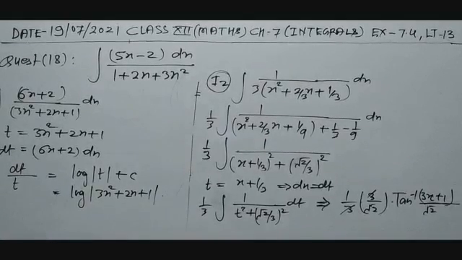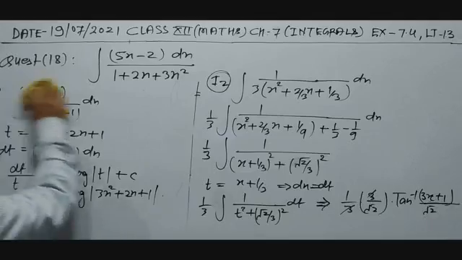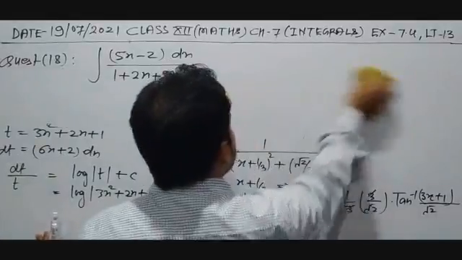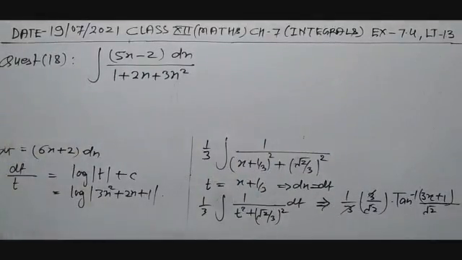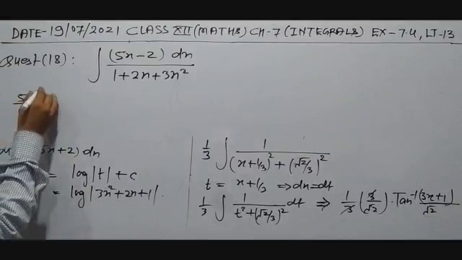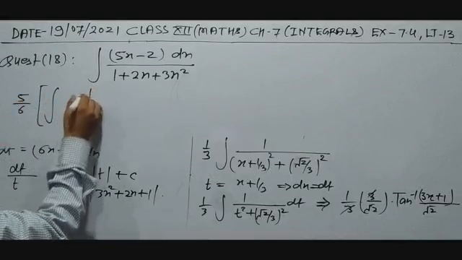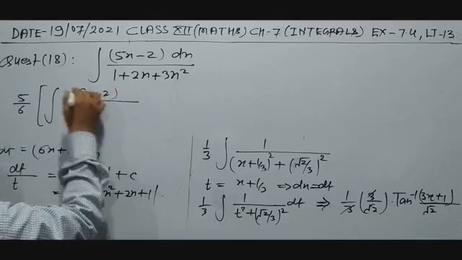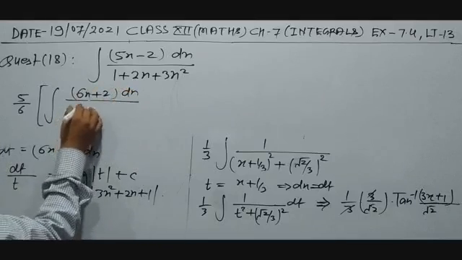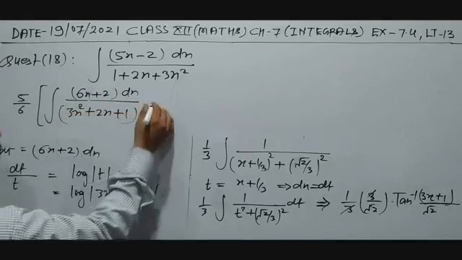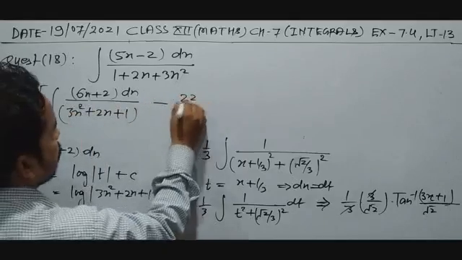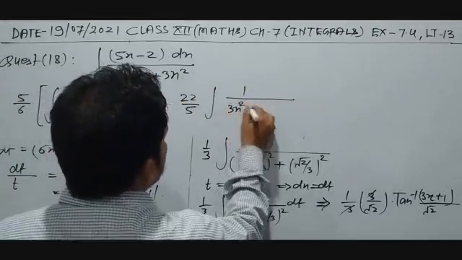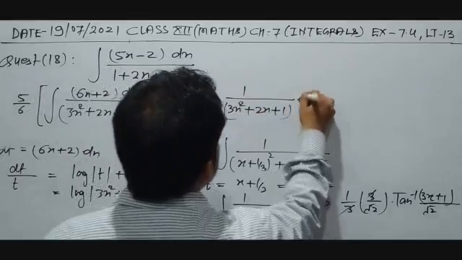Now you will see we have the statement: the integral was 5/6 integral of (6x + 2) dx upon 3x² + 2x + 1, and with minus sign 22/5 integral of 1 upon 3x² + 2x + 1 dx.